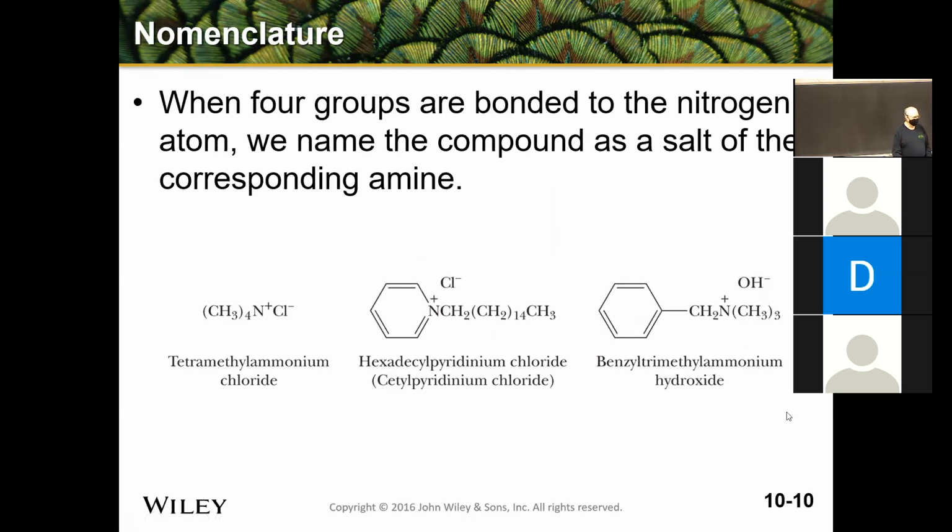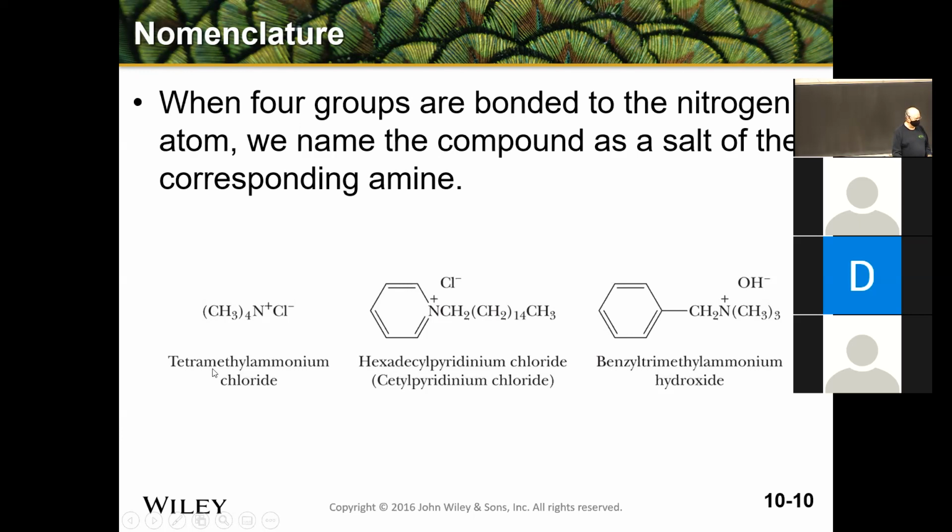Okay, it is possible for nitrogen to have, and it is common for nitrogen to have 4 bonds. And if it does, it's called a quaternary salt. It's a salt because the nitrogen now has a plus charge, and there needs to be some anion that's associated with that cation.